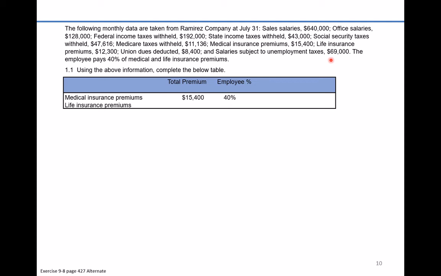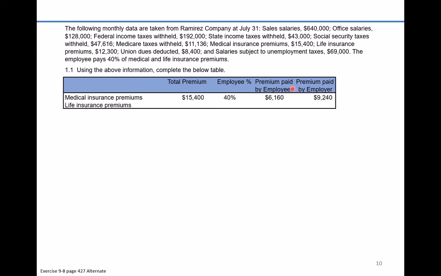They're paying 40%, so 40% of $15,400 means that the premium portion being paid collectively by all the employees that have medical insurance will be $6,160. But the total premium's $15,400, employees are paying $6,160. Who's paying the other portion? Well, that would be the portion paid by the employer.